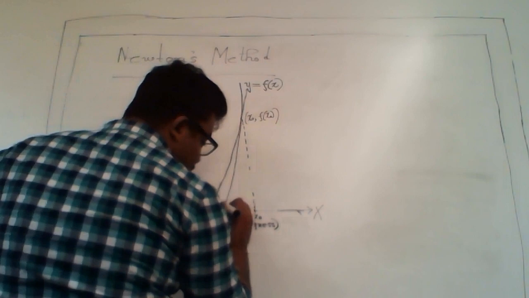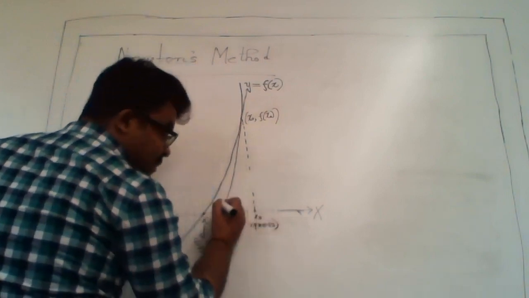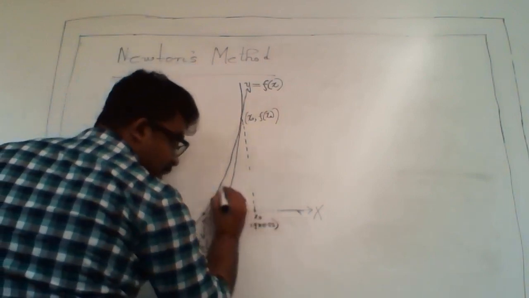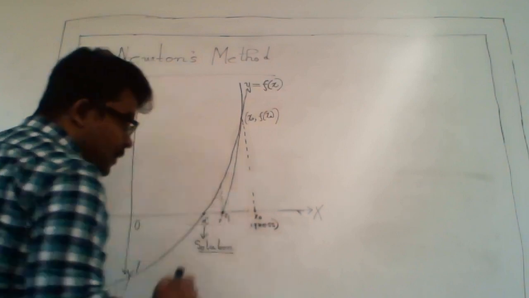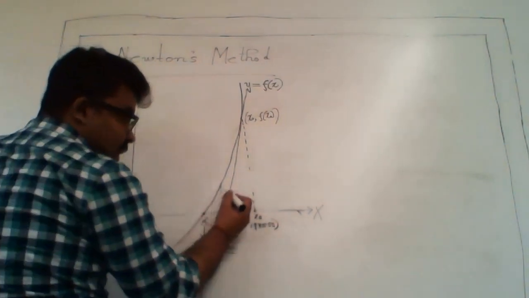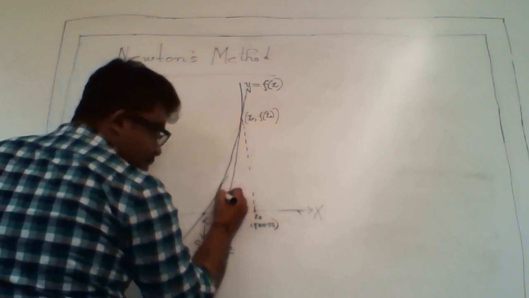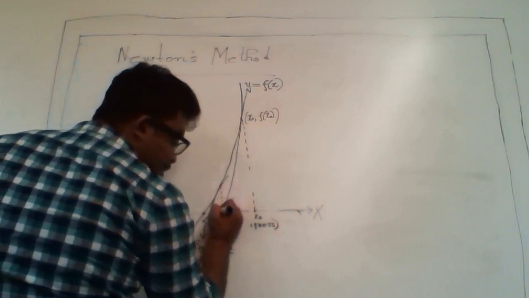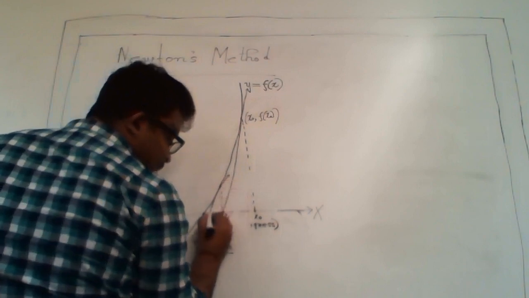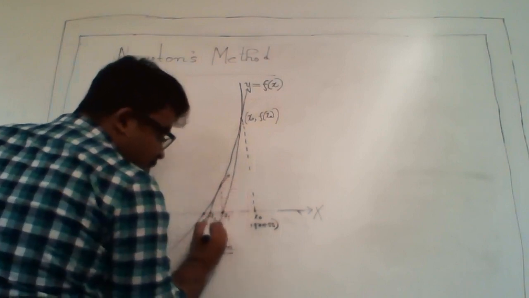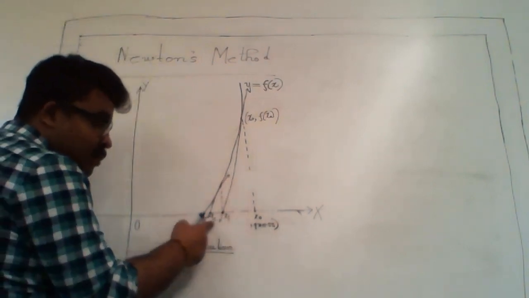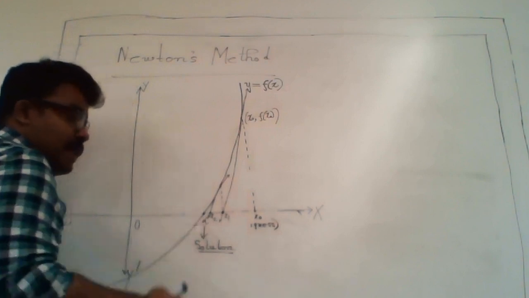You repeat the same process. That is, you draw a vertical line from the point x1. It will cut the curve at this point, and then again draw the tangent at this point. The tangent will cut the x-axis at some number x2, and you see that this number x2 is even closer to the actual solution alpha.